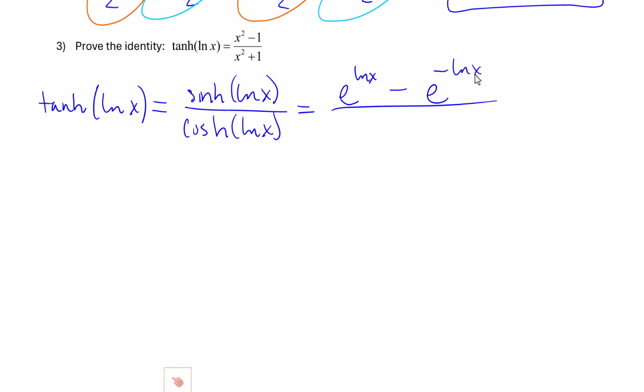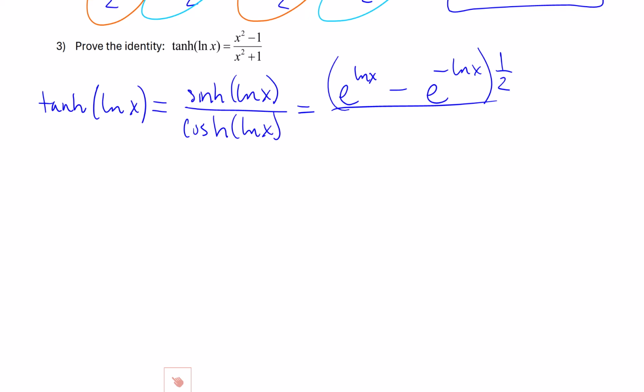Again, that's just using the definition of sinh provided above. Of course, it's all over 2, so we can just put a 1/2 outside of that one to make sure that's still part of what we have. It's going to cancel out in a second, so don't worry about that, but you'll see.